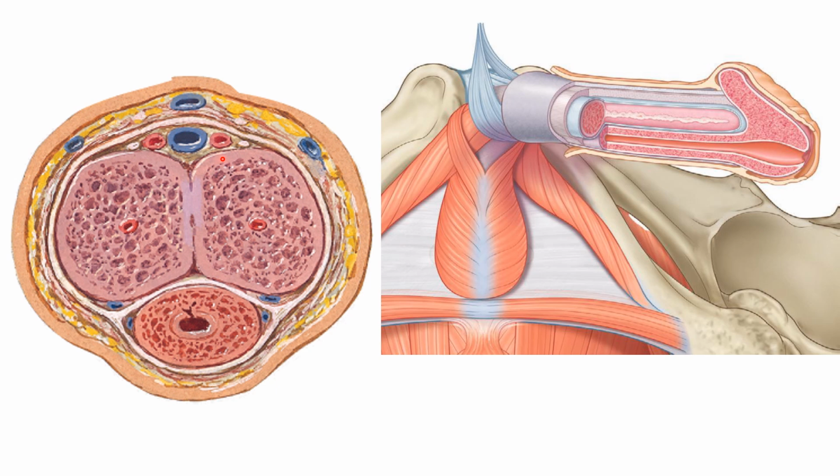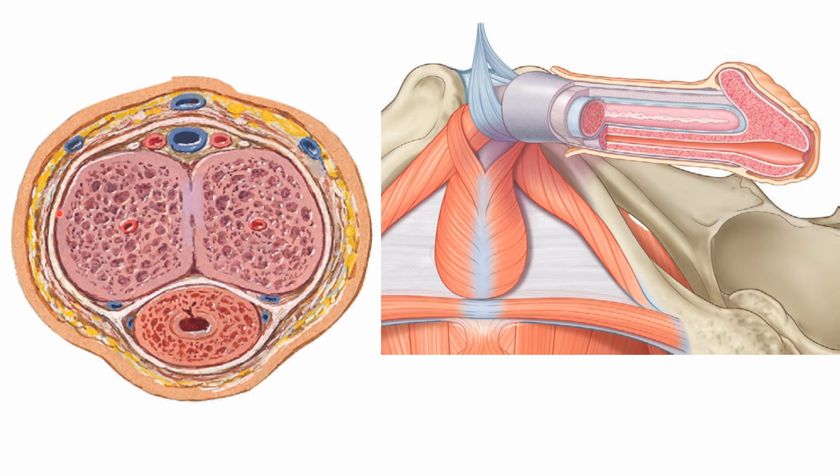Now we will be focusing on the fibrous envelope, which is known as the tunica albuginea. It invests separately the corpora cavernosa and corpus spongiosum. You can see the corpora cavernosa over here. This is the corpus spongiosum. We can see that this fibrous layer separates the spongiosum and cavernosum separately.